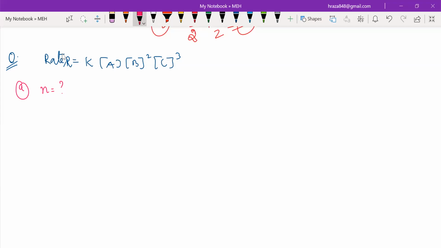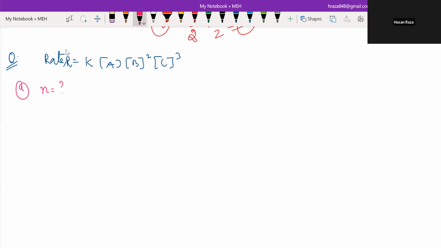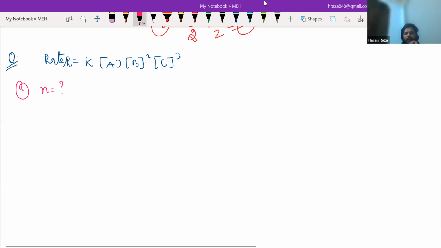Let me know when you are done with this. Have you got the answer of the order of reaction from this rate law expression? Yes or no? Nafisa?